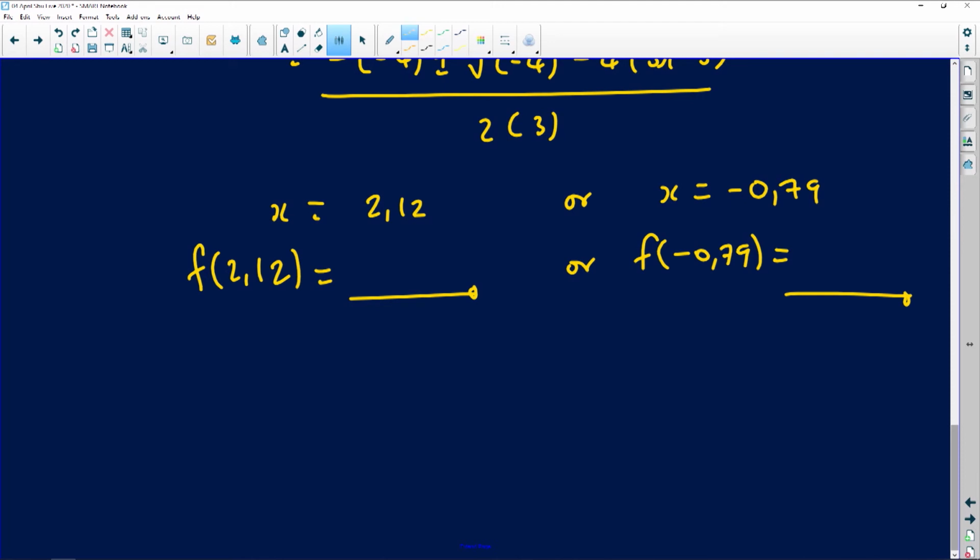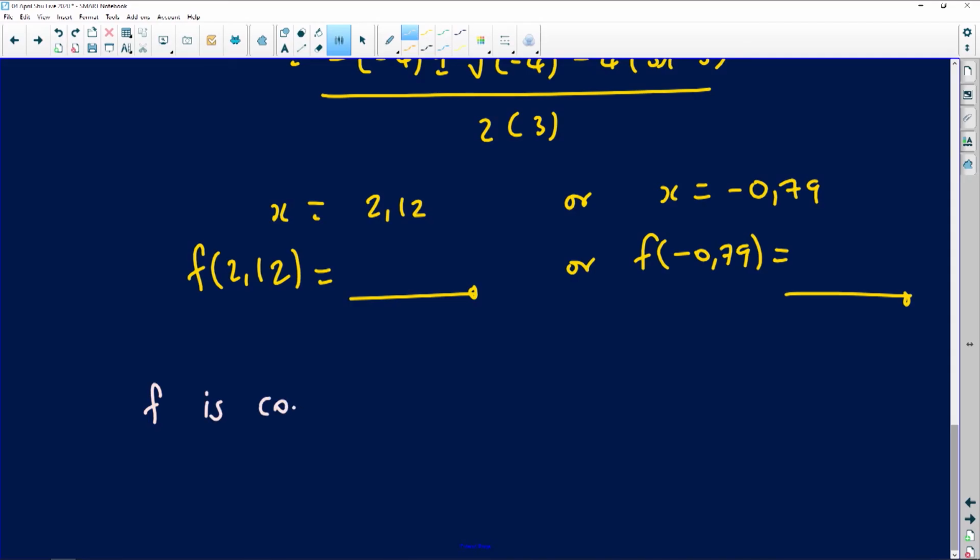It says here, the graph of f is concave down for x smaller than k. Find k. Okay, concavity. A cubic graph changes concavity. A parabola does not.